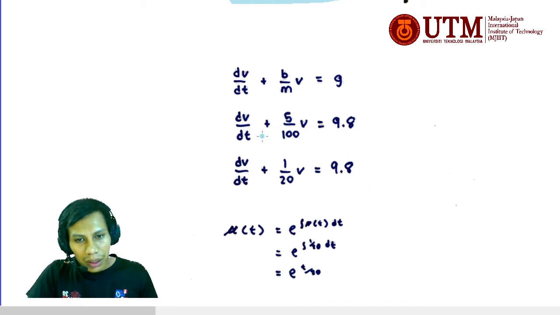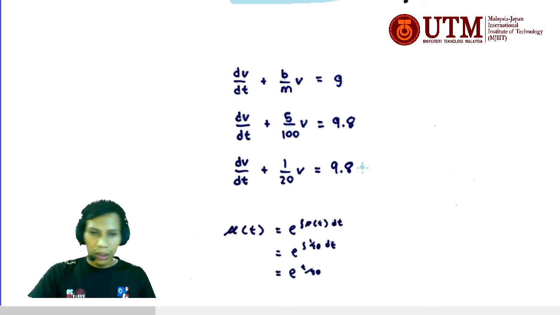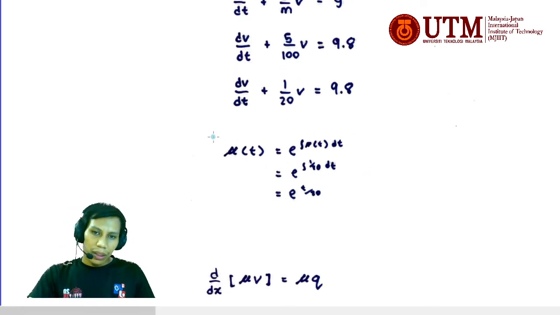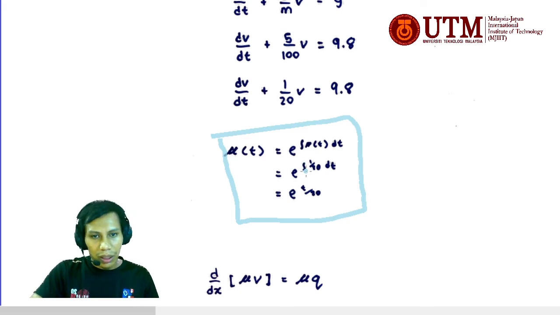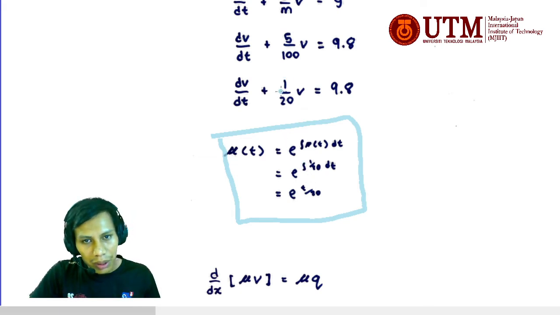To solve a linear equation, first we need the integrating factor. This is the integrating factor. To calculate it, we just put e to the power of the integral of the coefficient of v, which is 1 over 20. So we got the integrating factor is e to the power of t over 20.